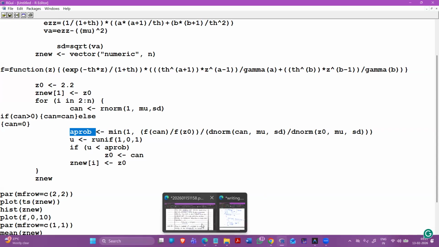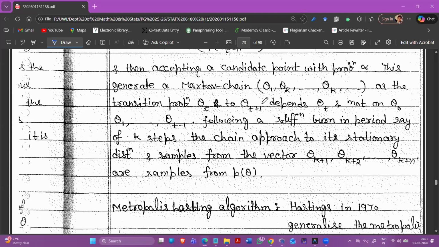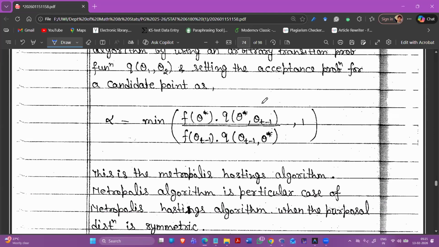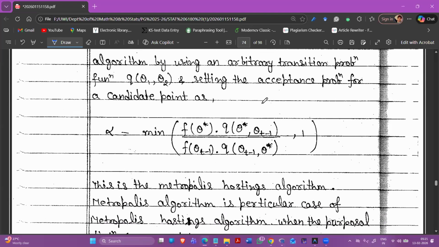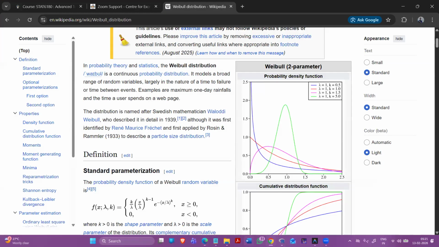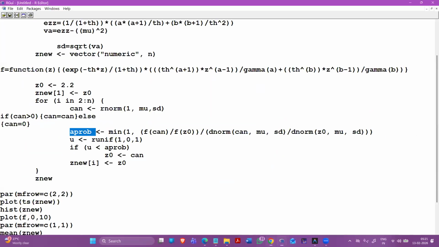That is for the Metropolis-Hastings algorithm, not the Metropolis only. Yes, this is for the Metropolis-Hastings algorithm, not for the Metropolis. I am going to remove this portion.